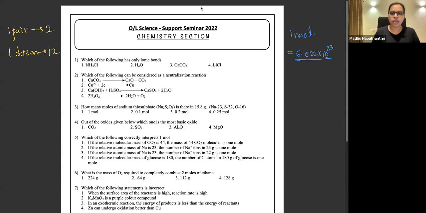So similarly, this 1 mole is falling into this order: 1 pair, 1 dozen, 1 mole. Like we have 2 things inside a pair, like we have 12 things inside a dozen, inside 1 mole, we have 6.022 times 10 to the power 23 things.